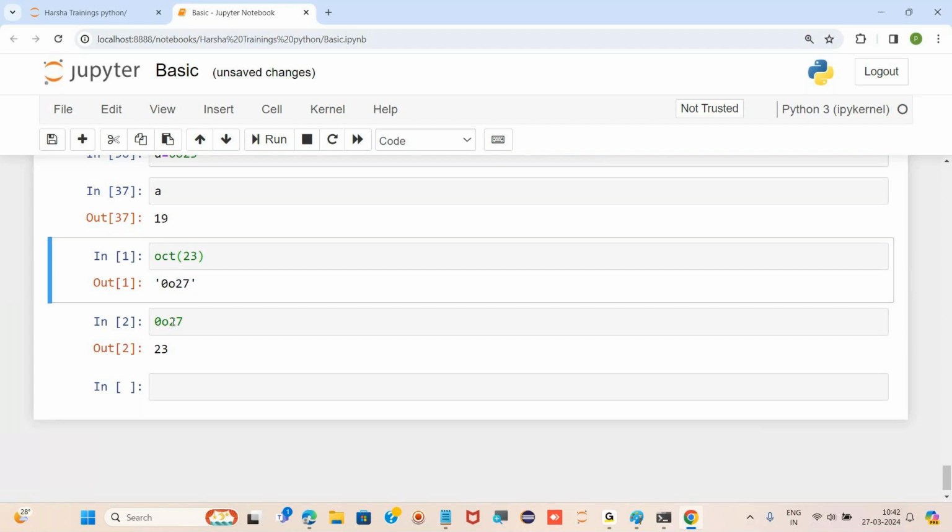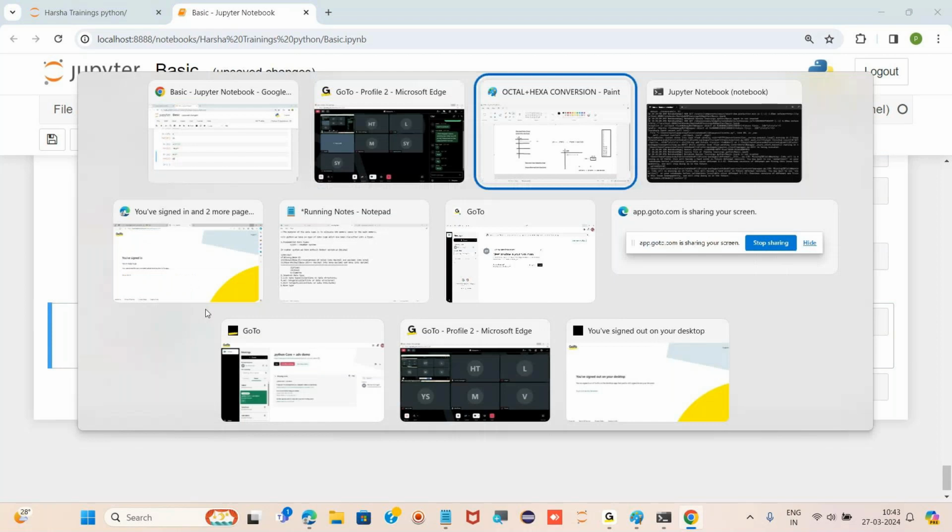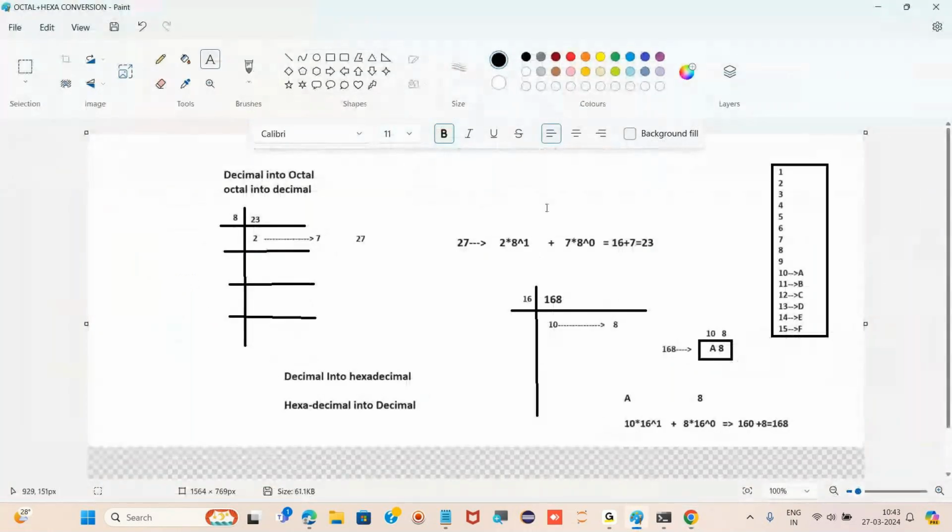Now similarly, we have an octal number and we are trying to convert this into a decimal value. 23 converted into octal became 27. Then converting the octal 27 into decimal, it became 23 again.